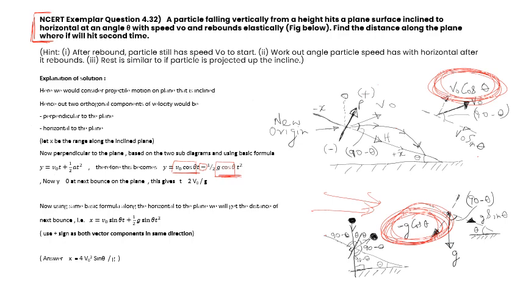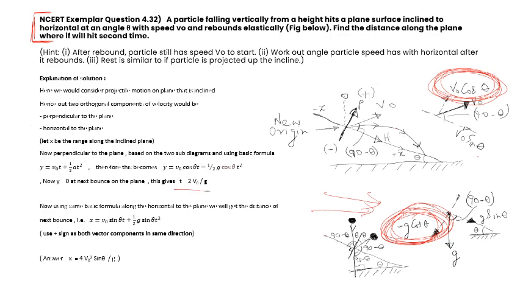And therefore, with this, and assuming y will be 0 when ball falls back, we will find that time for ball to travel back to the plane will be 2v0 by g, 2 initial velocity by gravity. So this is the calculation.